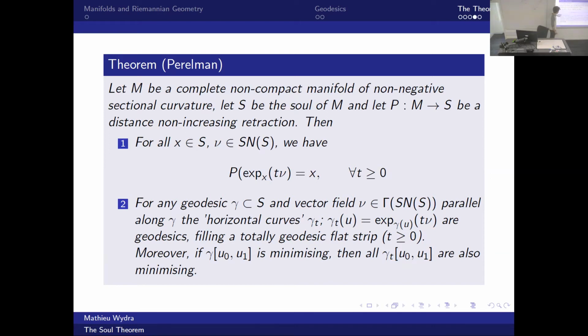Then we have, for all points on the soul, and for all normal vectors in the unit normal bundle of the soul, we have that. If you take a point on the soul, right?